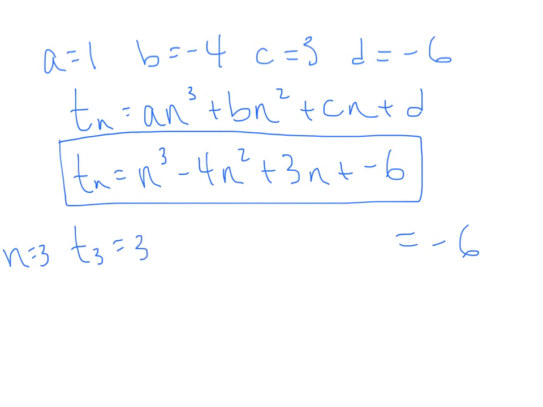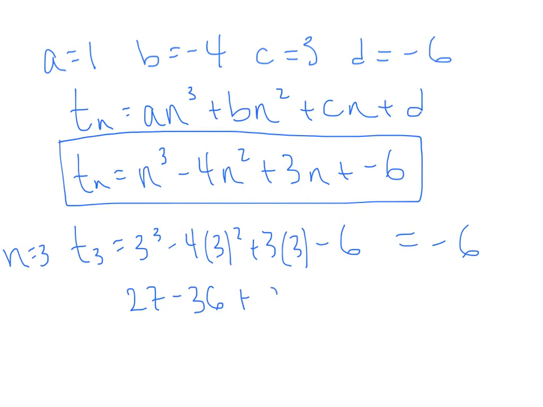So we have 3 cubed minus 4 times 3 squared plus 3 times 3 minus 6. Okay, that's 27 minus 36 plus 9 minus 6. And we're hoping that equals negative 6. Well, this is negative 9. Plus 9 would be 0. Minus 6 would be negative 6. And that does equal negative 6.